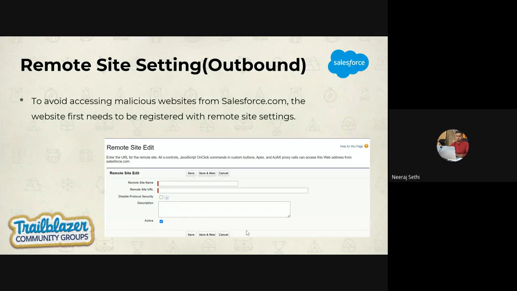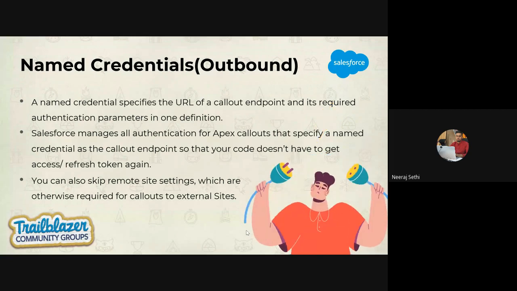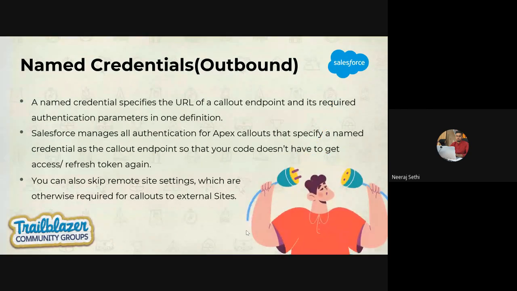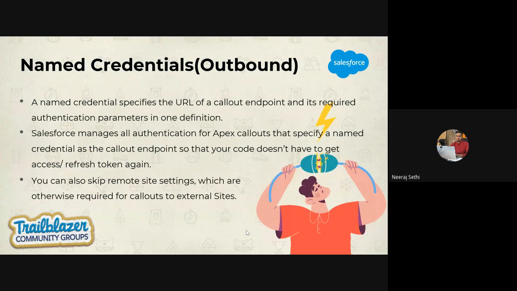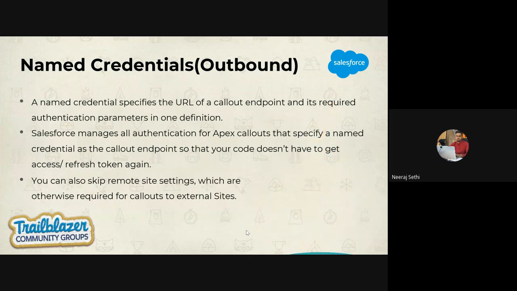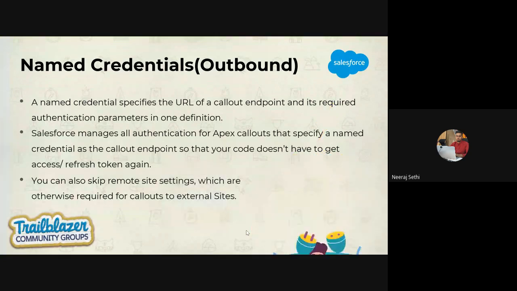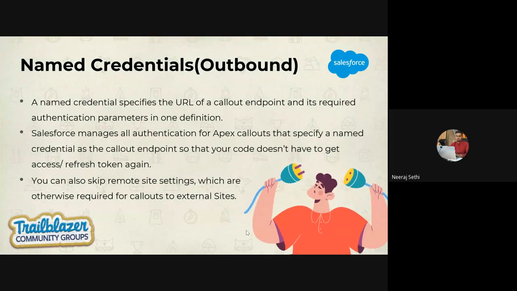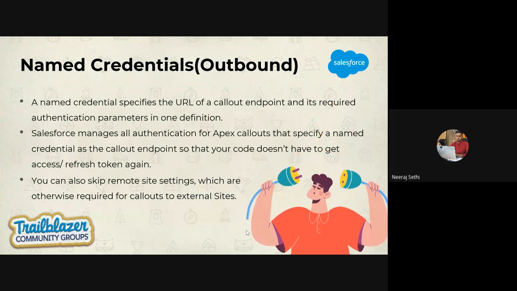No. All right. Next is name credential. This is also outbound. It is the upgraded version of the remote site setting. A name credential specifies the URL of a callout endpoint and its required authentication parameters in one single definition. If you want to do some integration, you require the endpoint, consumer key, secret key, username and password, and whatever grant type you require from the customer.